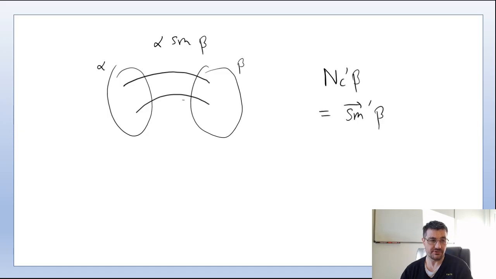This is not referring to a particular type, though. NC primed beta. How do we know which class of classes we're talking about if we can relate classes of any type, potentially, to beta, via this relation SM? The notation gives no indication here which class of classes I'm talking about.